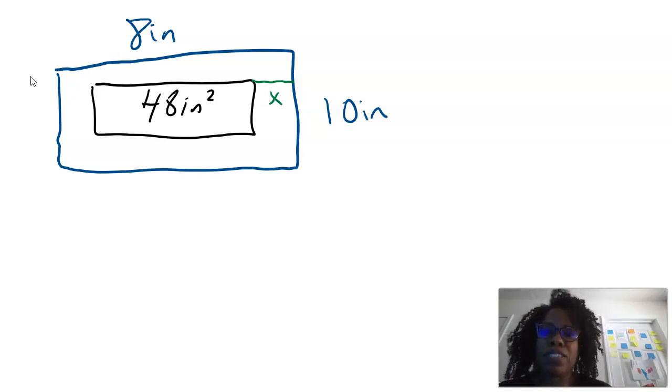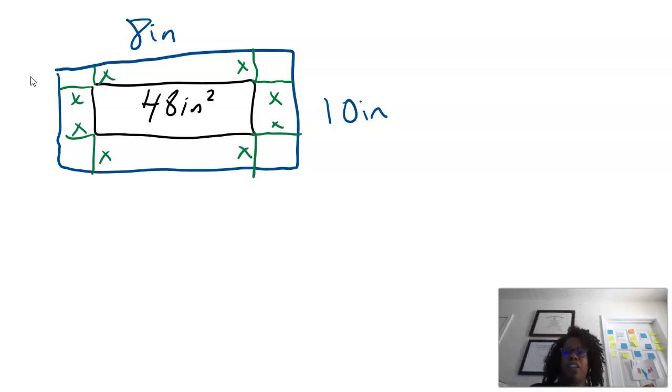So basically it's equidistant on all four sides. So all of these x's, even though my picture is wonky, will have the same dimension. Figuring out one will determine all of them.